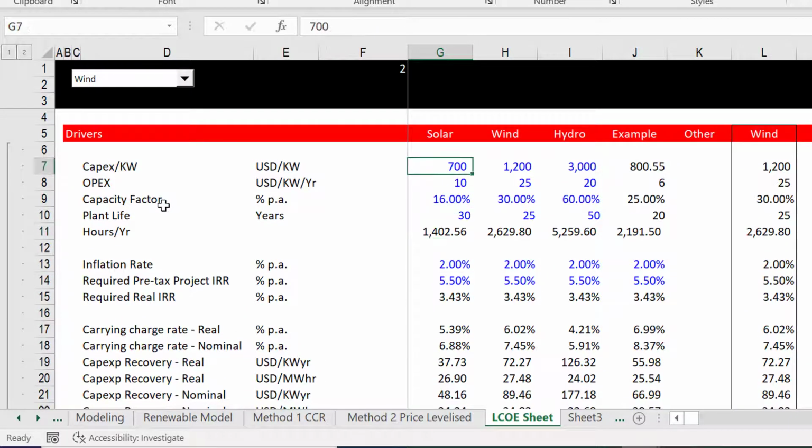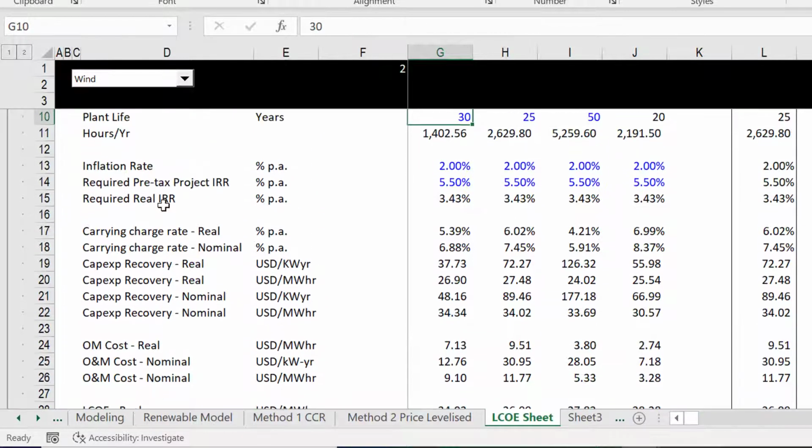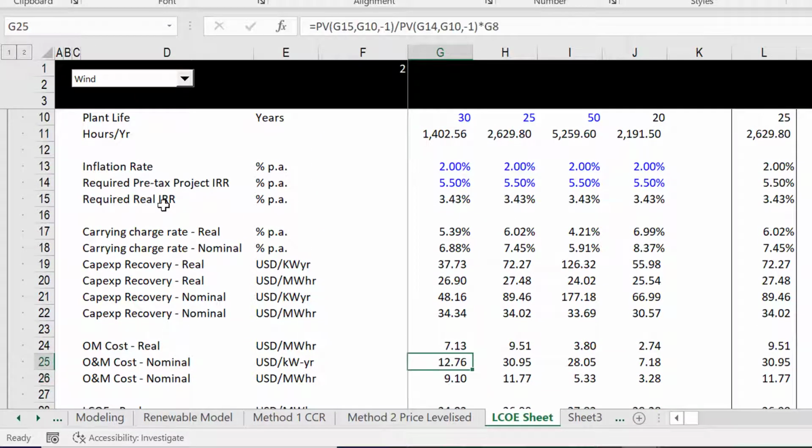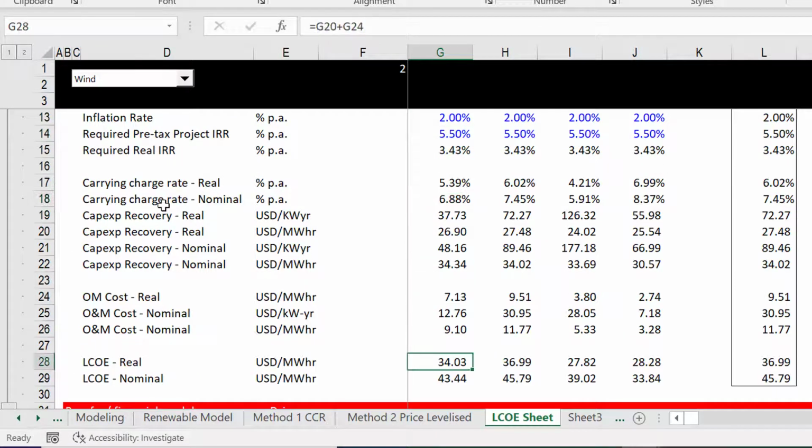Excuse me, I've got the O&M cost per kW year up here, and we just multiply them by 1,000 to get them in megawatts and divide them by the generation again to get it in megawatt hours per year. I'm almost violating my F2 because I can't see everything, but that's close enough. And then finally, the LCOE is just the capital recovery plus the O&M.